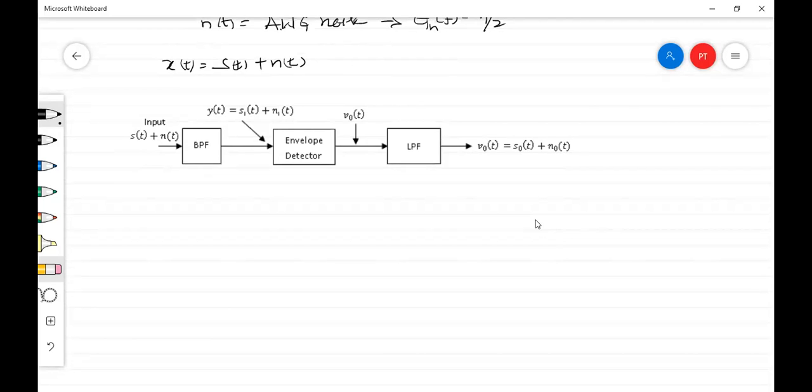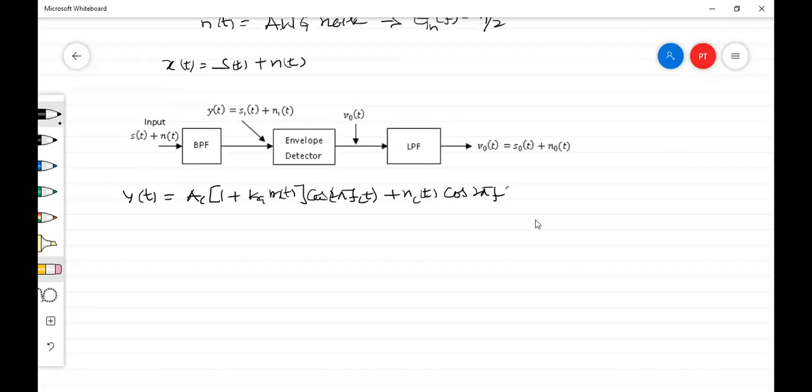So we can write it as y of t equal to AC into 1 plus Ka into m of t into cos 2 pi fct plus band pass noise nc of t cos 2 pi fct minus ns of t sin 2 pi fct.